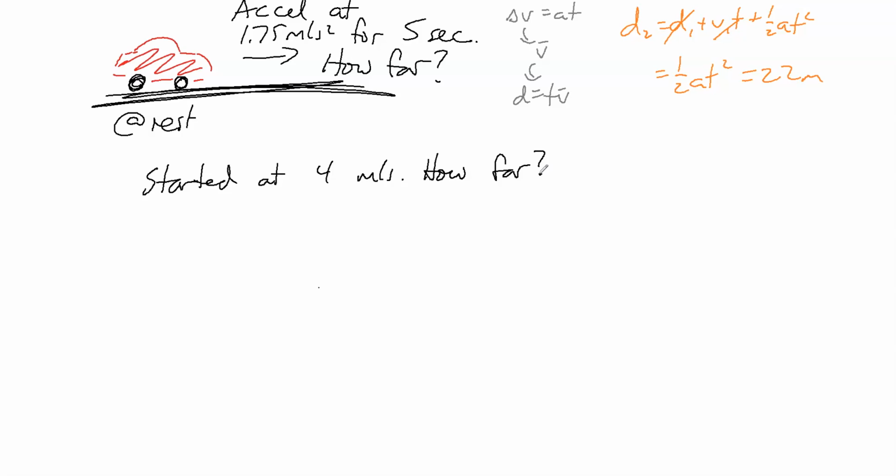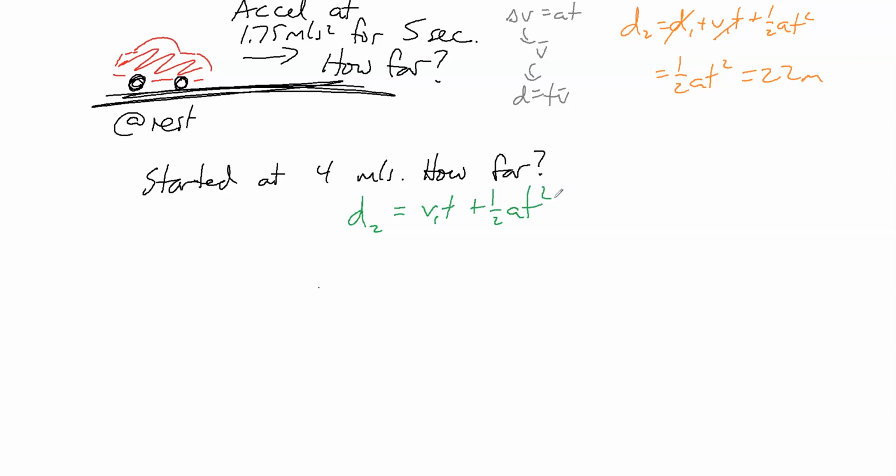Okay, let's do something similar. If I did that instead, D1 is still equal to 0. I'm not even going to bother writing it down. So the overall D would just be V1t plus 1/2 AT squared, because now my V1 isn't equal to 0.